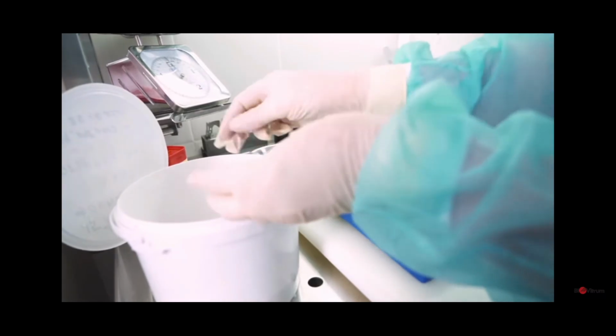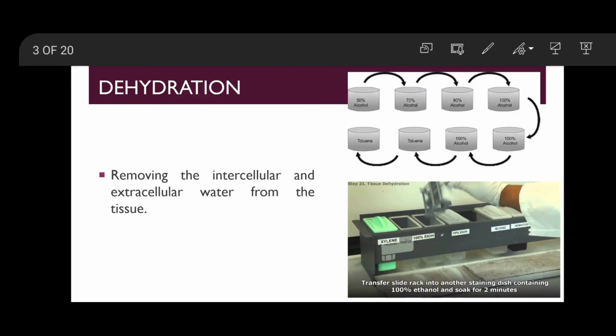As soon as tissue has been fixed and the bones and teeth have been decalcified, it is necessary to remove the fixative and water from the tissue and replace them with a dehydrating fluid in preparation for impregnation.